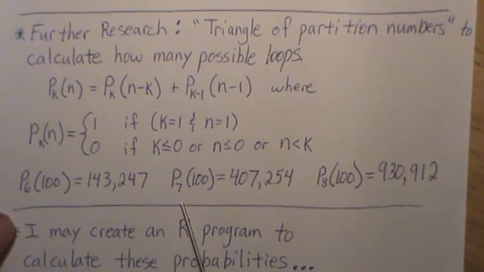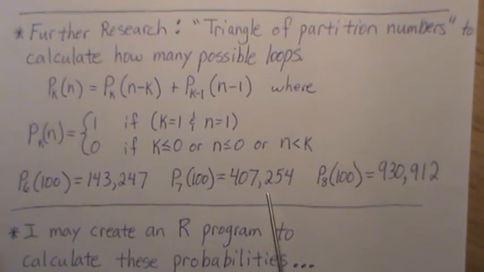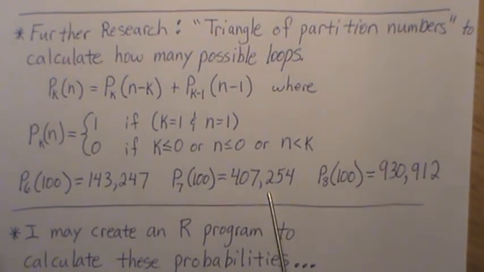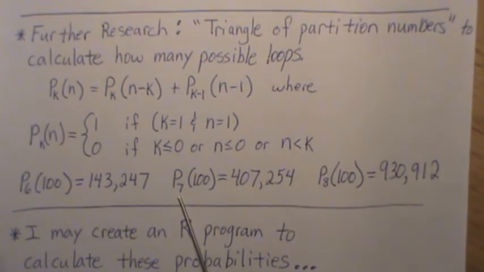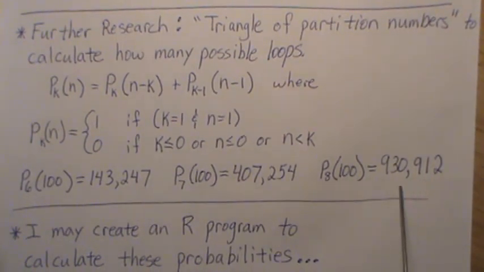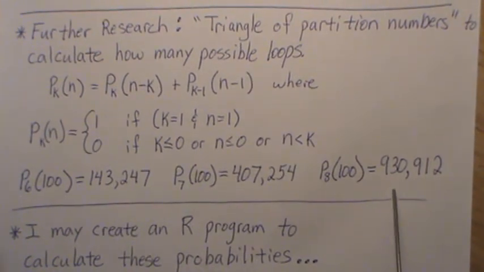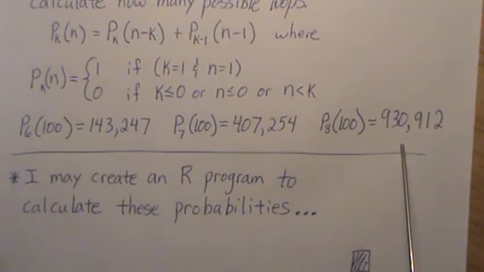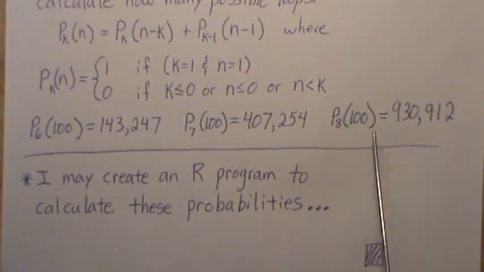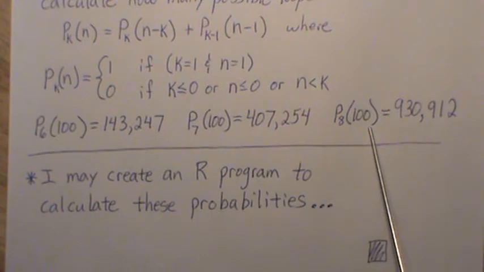On 7, k equals 7, there's 407,254 different possible loops where the maximum is 7. For 8, it's 930,912. And so it really grows fast. Anyway, that's how you do it. The way we did it for 9 is exactly the way you do it for 100.